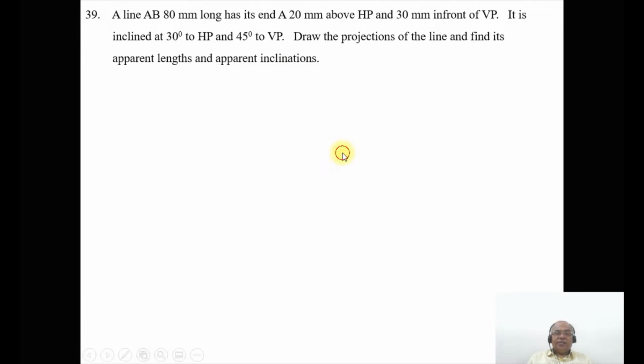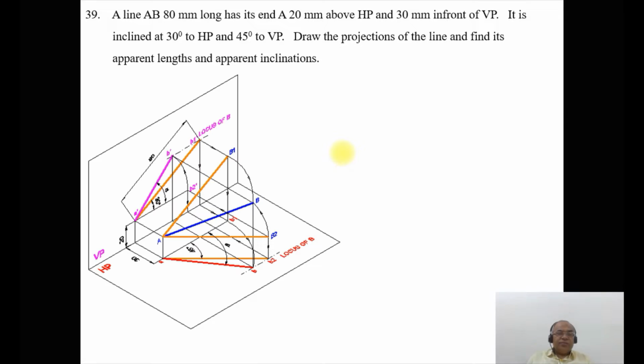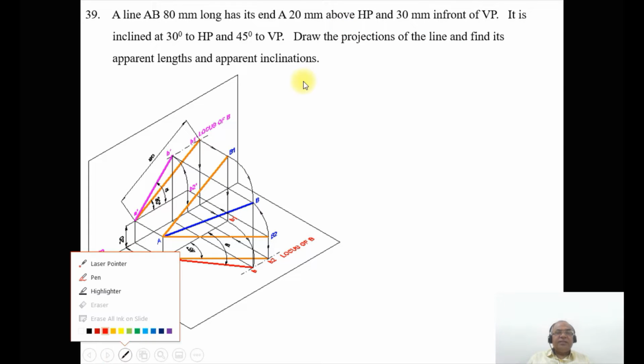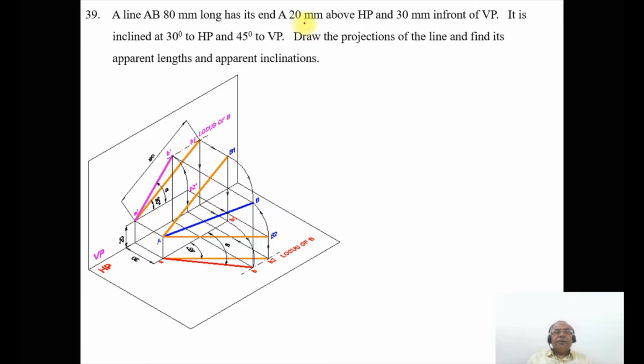When you try to analyze this problem, we can see it can be analyzed in 3 dimensions. How can I look at it? If I see a line capital AB, 80 mm long, has its end A 20 mm above HP, you can see it is 20 mm above HP.